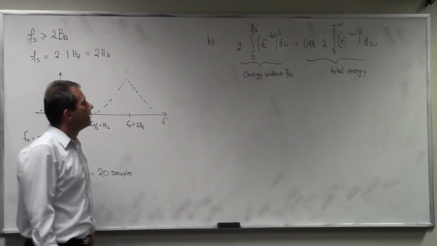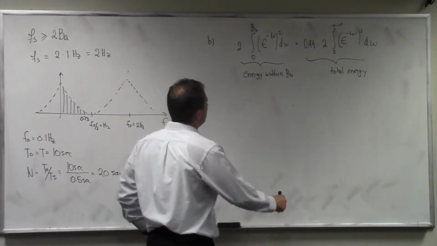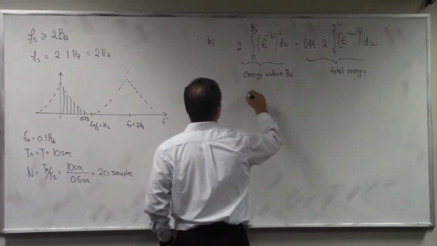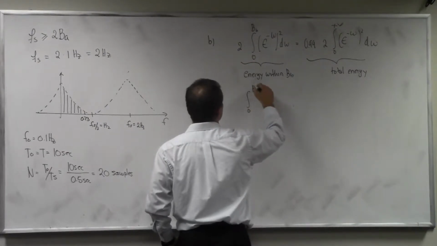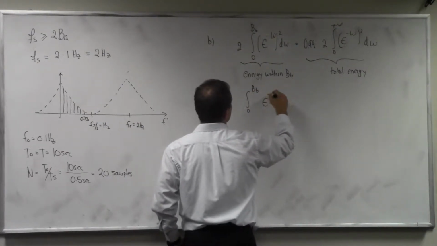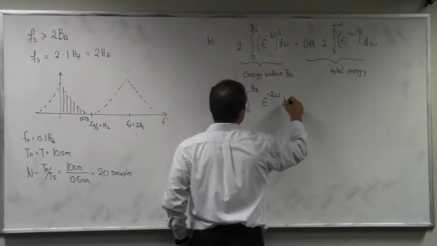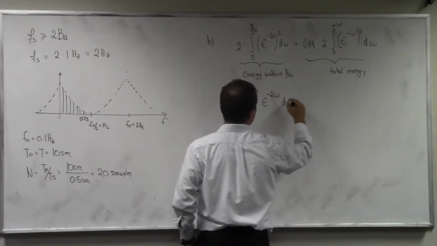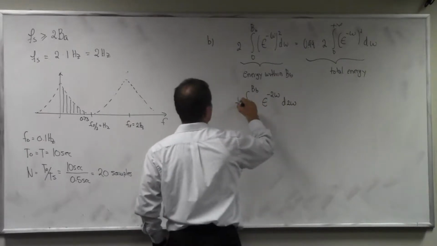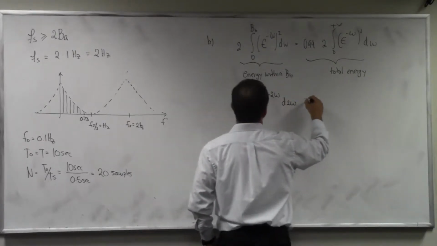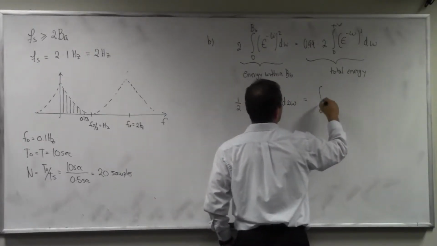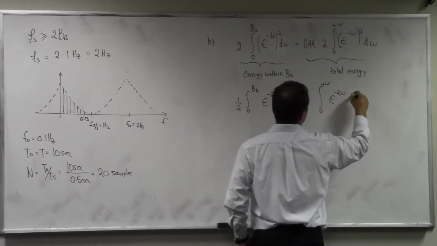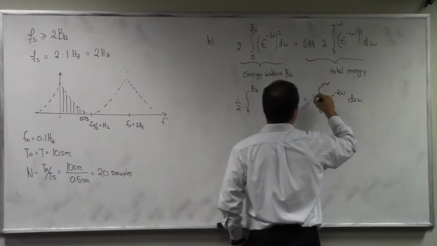Okay? Now the 2 and 2 cancel. And then I have the integral from 0 to B of e to the minus 2w d2w, times 1/2, is equal to the integral from 0 to plus infinity of e to the minus 2w d2w, times 1/2.